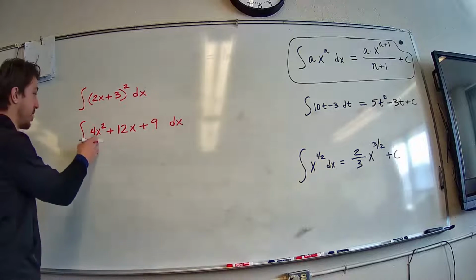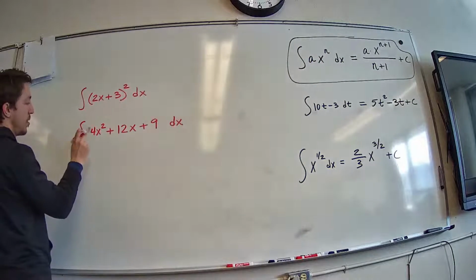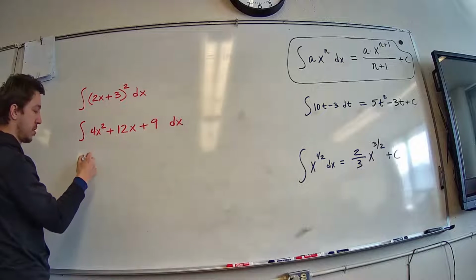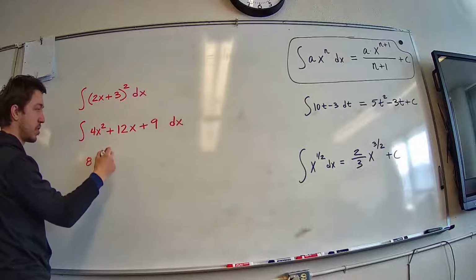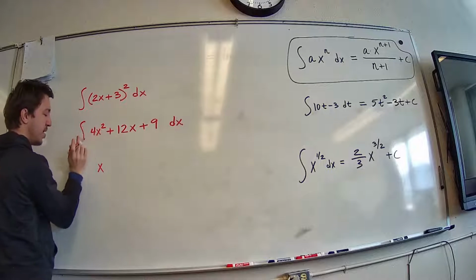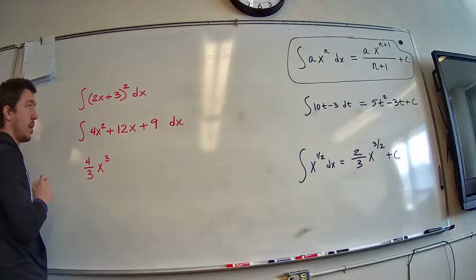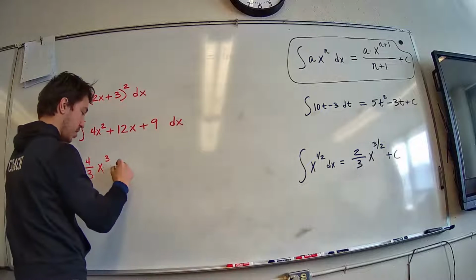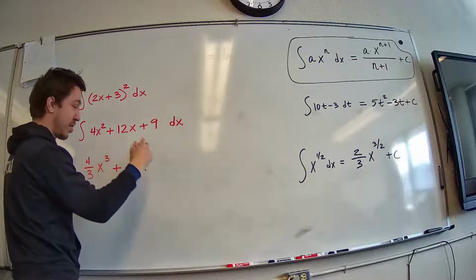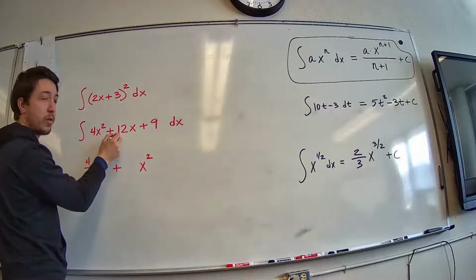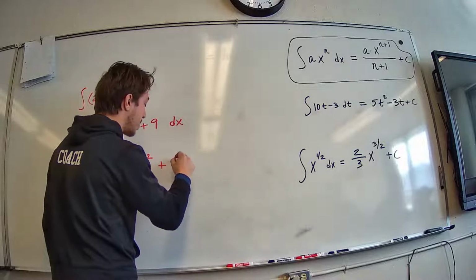Now it's just 3 separate terms, and each term looks like that. So this term, the new exponent is 3, so we gotta divide by 3, so we get 4/3 x cubed plus, well, it's x to the 1 power, so it's gonna be x to the 2 power, and then I gotta divide by 2, make it 6, and then 9 just gives me 9x.